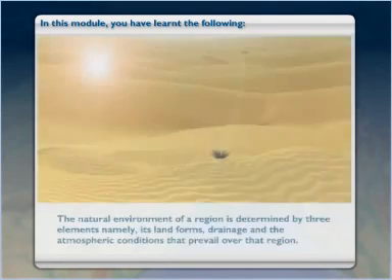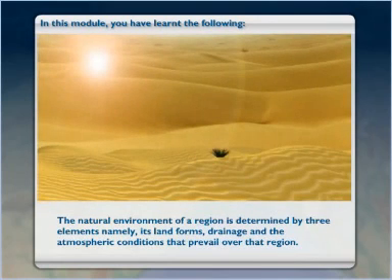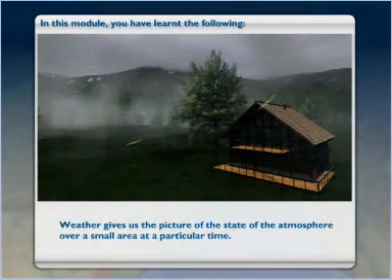In this module, you have learned the following. The natural environment of a region is determined by three elements, namely its landforms, drainage, and the atmospheric conditions that prevail over that region. Weather gives us the idea of the atmospheric conditions over a small area at a particular time.